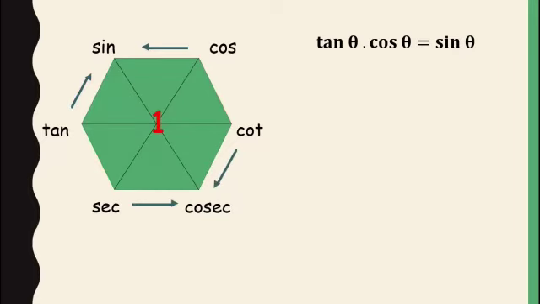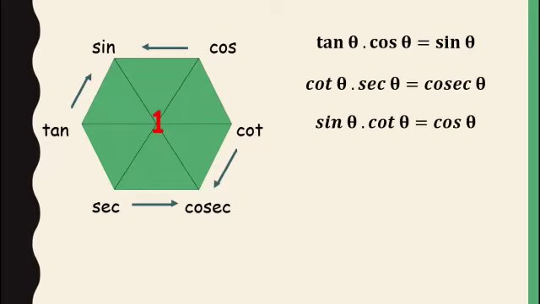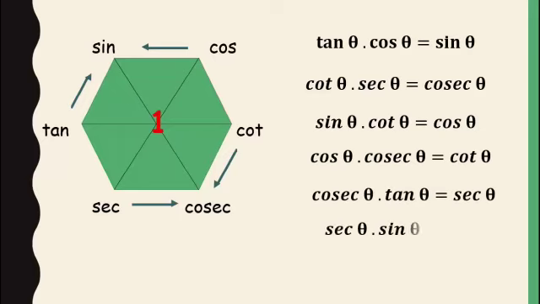Take these three functions for example. Cot theta multiplied by sec theta gives us cosec theta. Even sin theta multiplied by cot theta gives us cos theta, and so on. First term multiplied by the third term will give us the term between them.